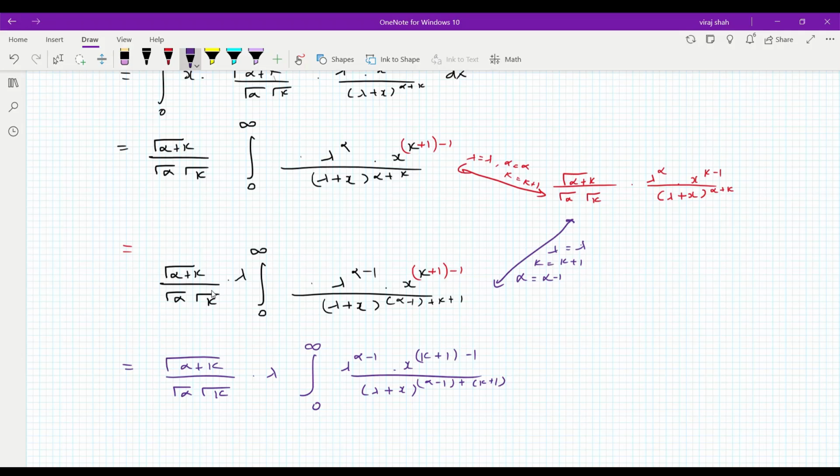So this would be nothing but alpha, what is alpha here? It is alpha minus 1. What is k? It's k plus 1, divided by gamma of alpha minus 1 into gamma of k plus 1. In order to make it as the previous situation, I just have to multiply by its reciprocal, so I'm just multiplying by the reciprocal of it.